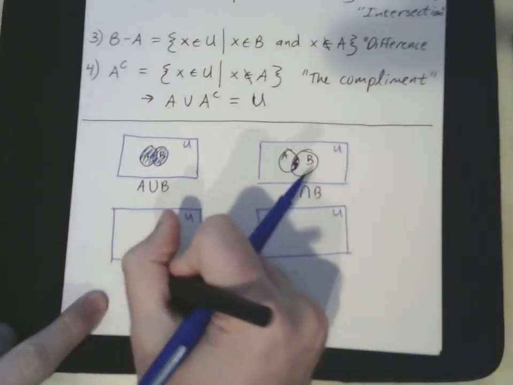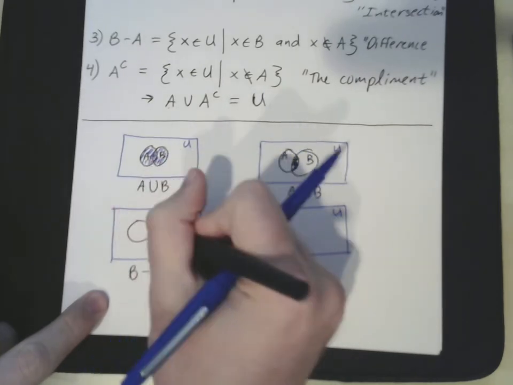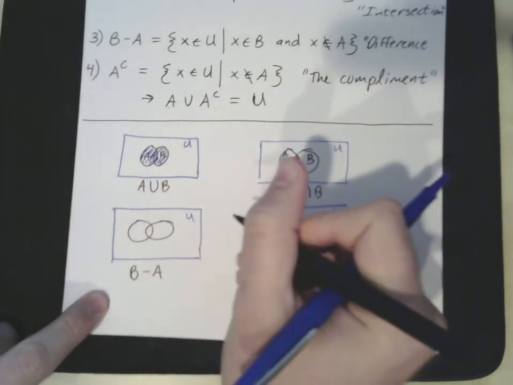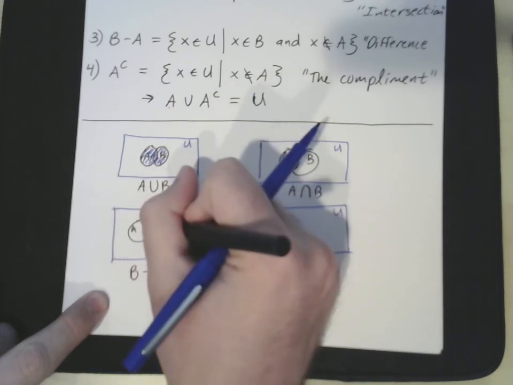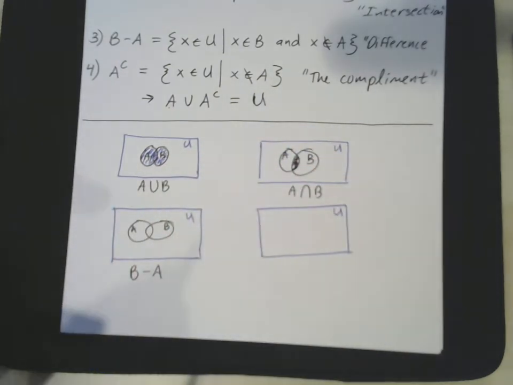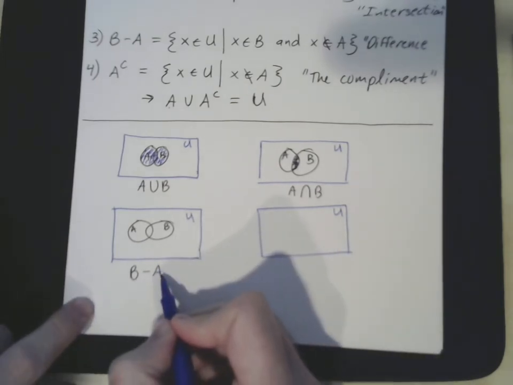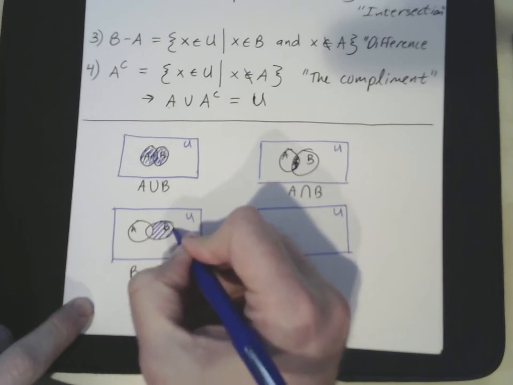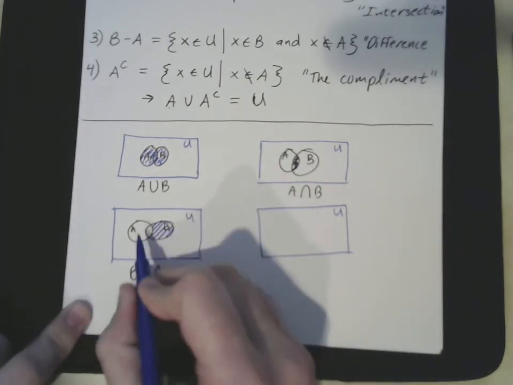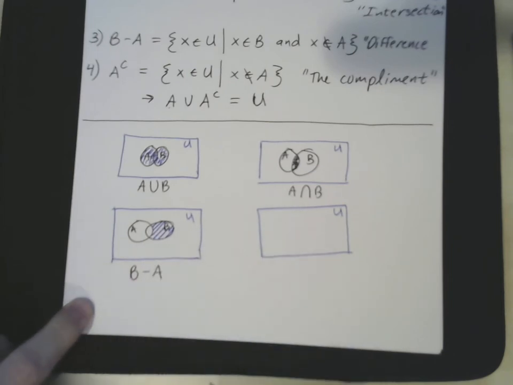Set difference, B minus A. If we have A and we have B, the difference, B minus A, would be all the stuff that's in B that's not in A. So that would be this stuff, not including the things that overlap.